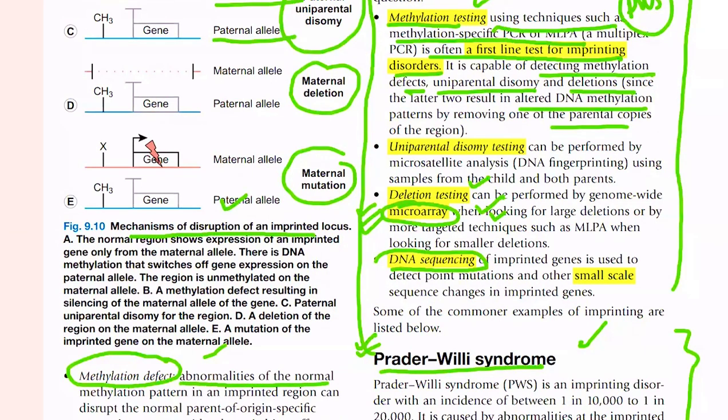A methylation defect of the normal pattern in an imprinted region can disrupt the normal parent-of-origin specific expression of the disease. Yes, parental disomy, see here, I will tell you all the things that can be present, but we have to see which one is most common and which one is going to cause this imprinting. Okay.